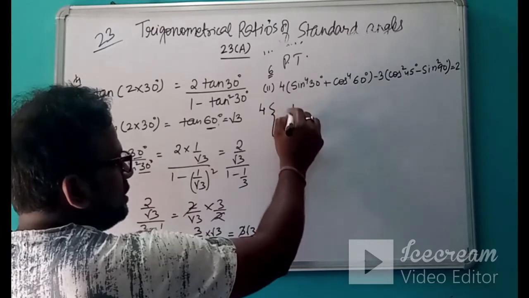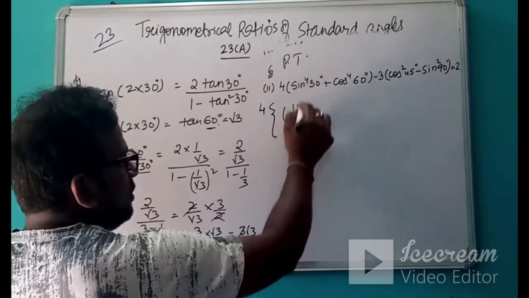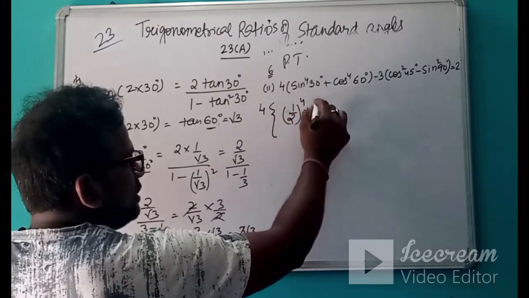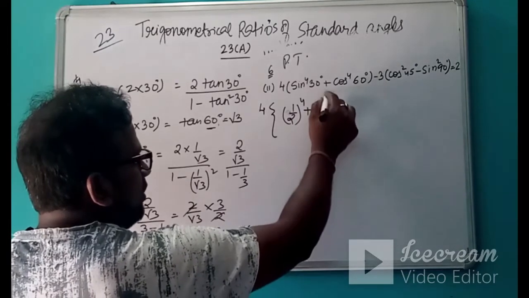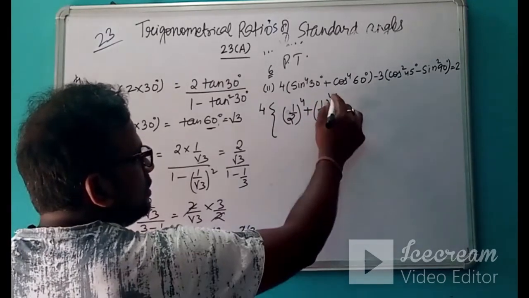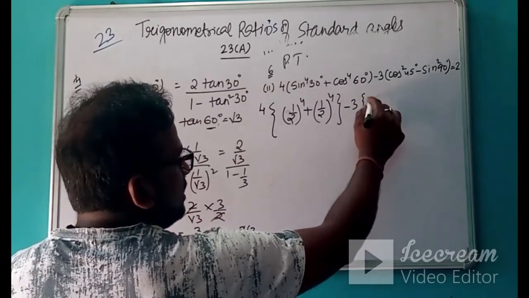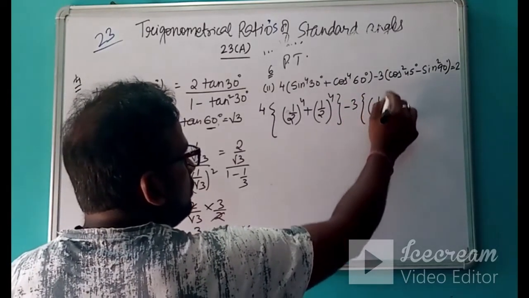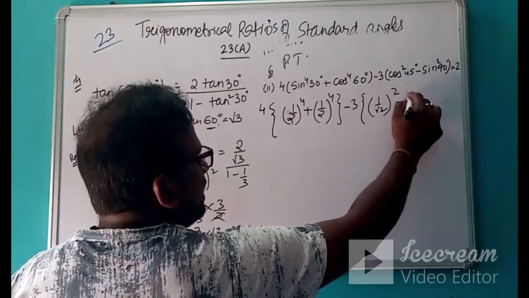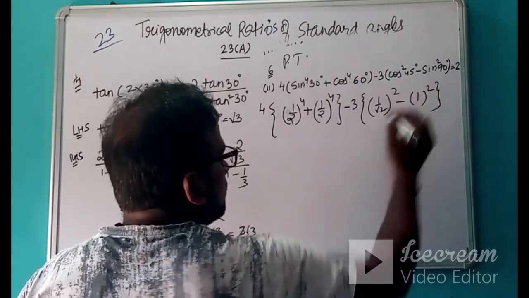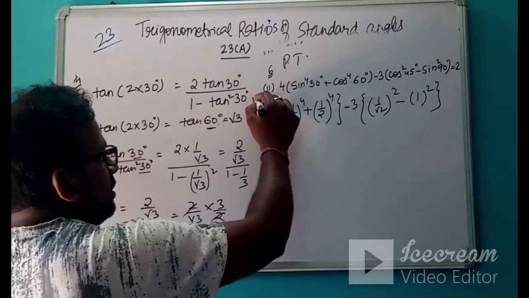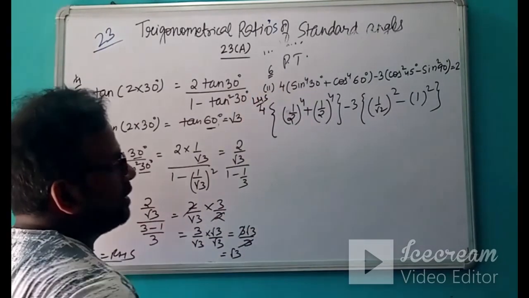Sine 30 degree is 1 by 2 to the power 4. Cos 60 degree is 1 by 2 to the power 4. Then 3 into cos 45 degree, 1 by root 2 whole square. And sine 90 degree is 1, whole square. Like this. So this is our LHS we are solving.